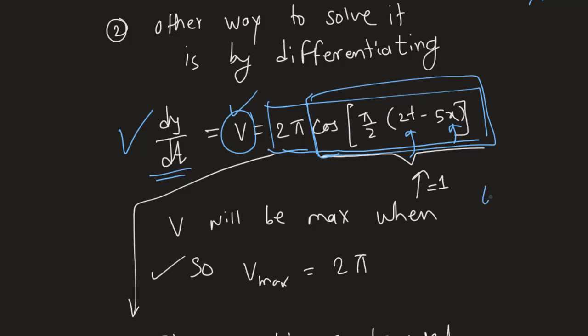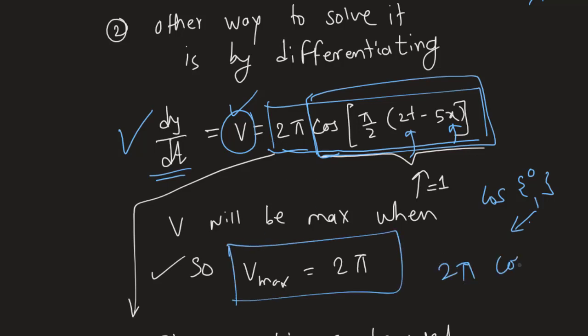The cos function's range is from 0 to 1. So the maximum value of this cos function is 1, and that's why velocity max will be 2 pi, because this whole cos term is actually 1. Then the velocity will be maximum.